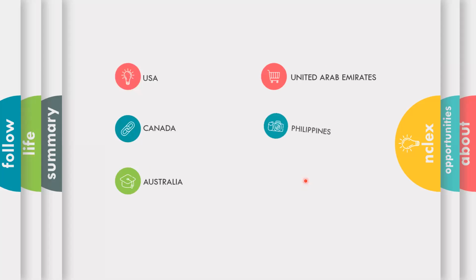Passing the NCLEX exam is the only way for you to go here. That's a no-nonsense thing, so you need to pass the NCLEX. And second, just in case you pass the NCLEX, you can use it in Canada.